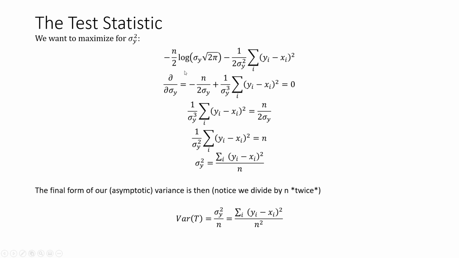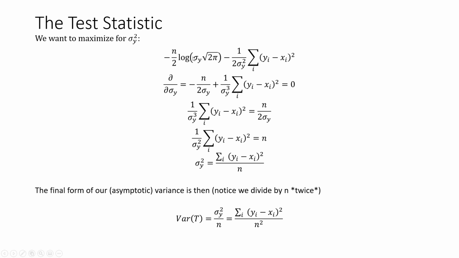So we want to maximize for sigma y squared, this expression here, which is the log likelihood. And so I won't be walking through in super detail this derivative. I think it's pretty straightforward. I would recommend pausing it just to kind of digest this information.